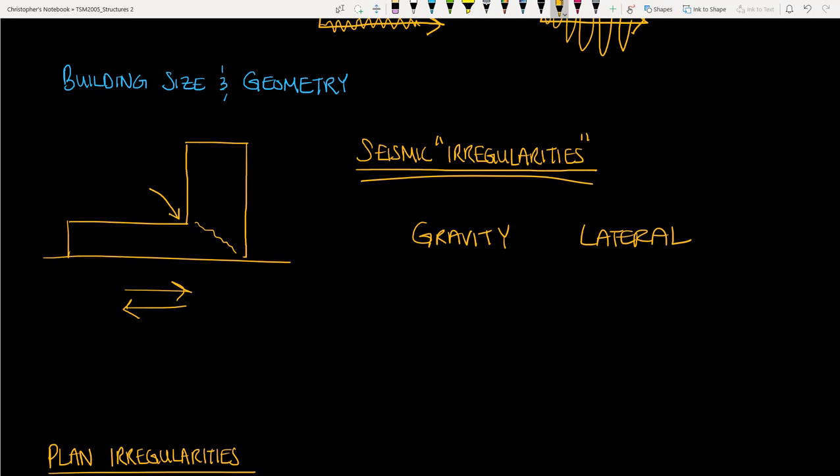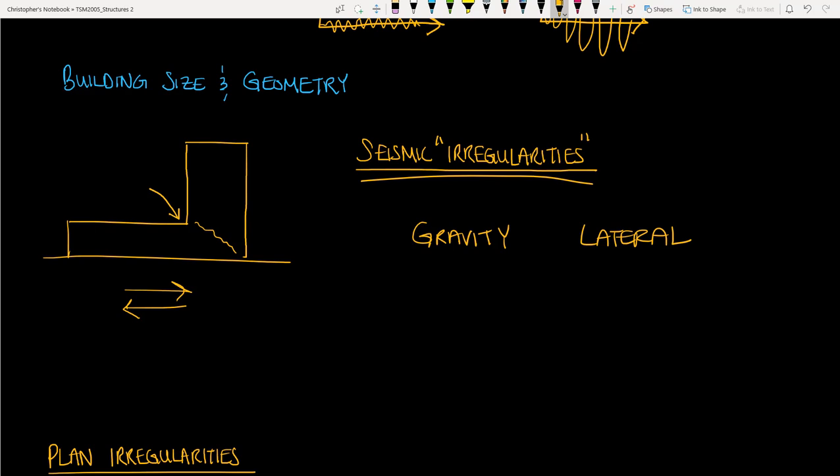Our gravity system, as we talked about last week, is made up of the deck, beams, girders, columns, and lastly the foundation. Many of the same components in the gravity system may also appear in our lateral system. For example, the deck, as we mentioned in week 1, is also the building's diaphragm, which is part of the lateral system. Some of our gravity beams, girders, columns, and parts of the foundation can also be included in the building's lateral system.